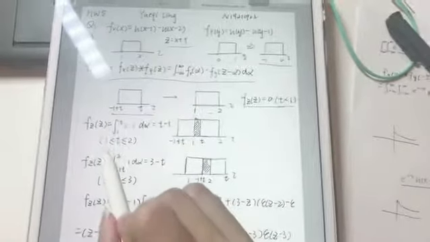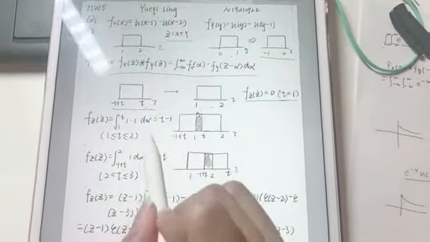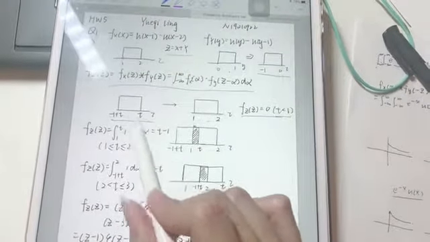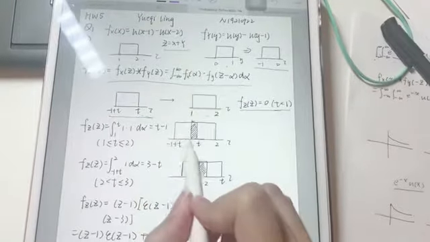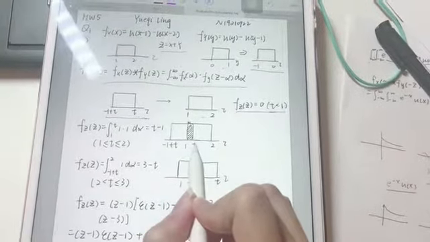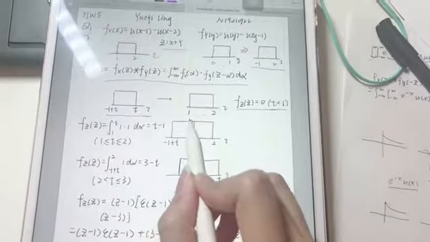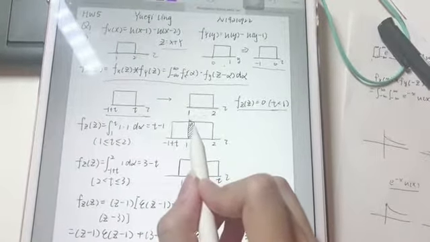Now let's move on to the next situation. Let's continue to slide the function, so that t is to the right of 1.